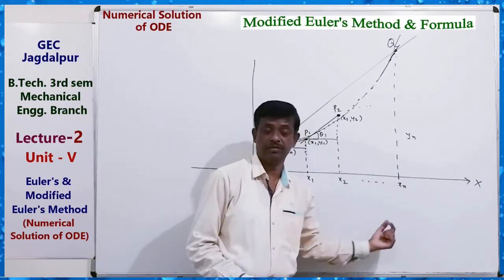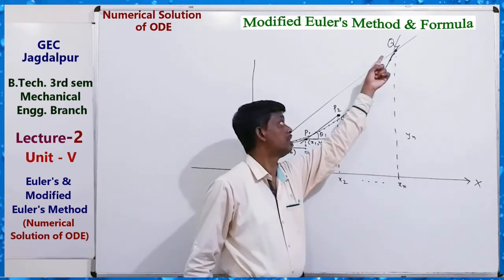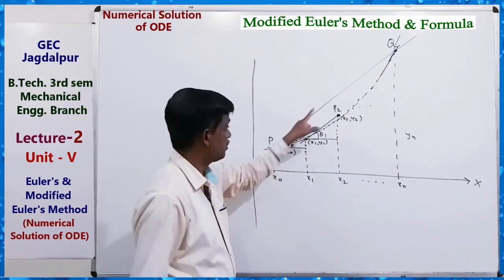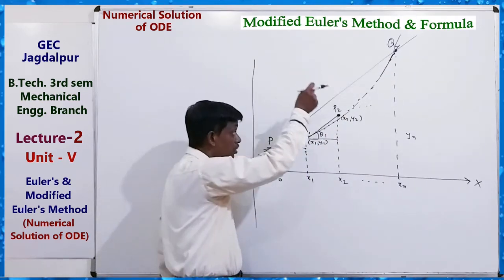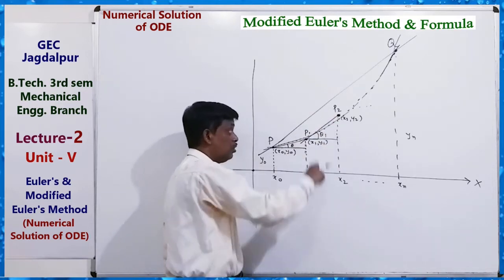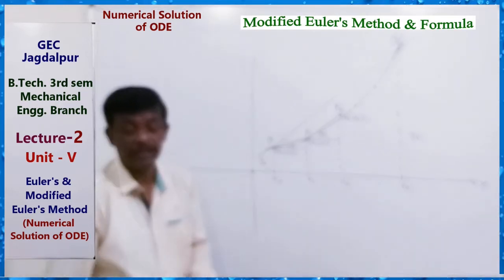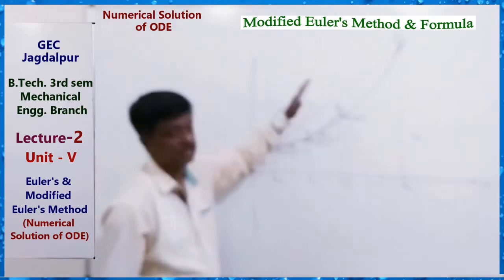For approximation to this curve, we can get that point by this tangent.